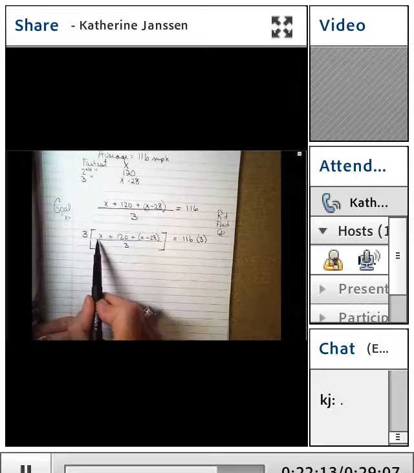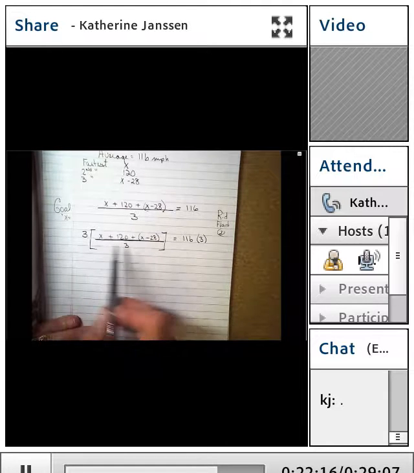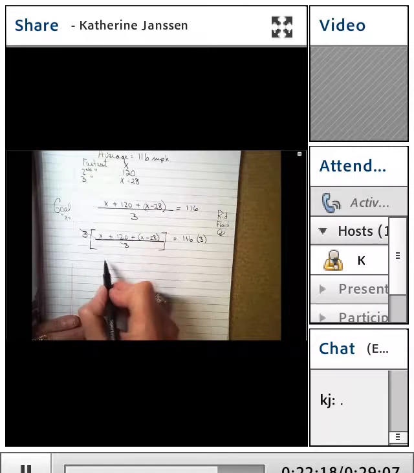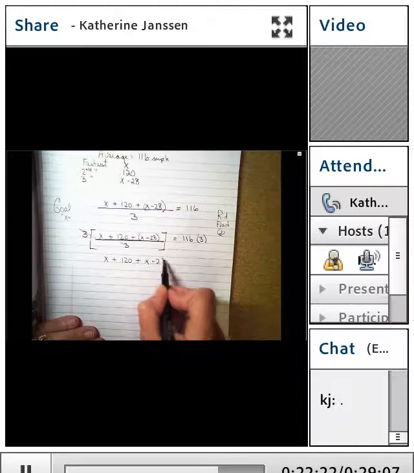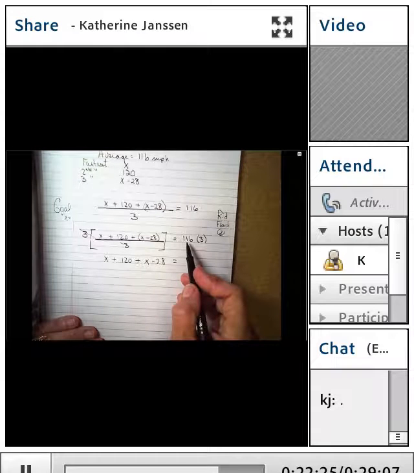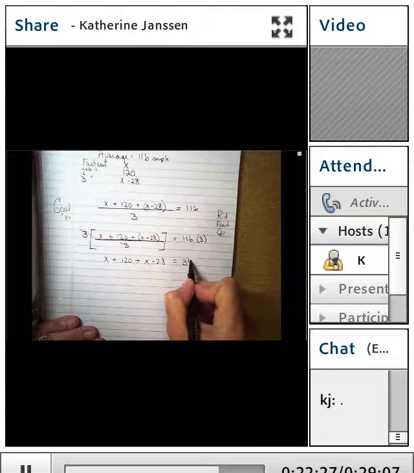Now, this is all divided by 3, so 3 goes into 3 once, leaving x plus 120 plus x minus 28 equals 3 times 116, which is 348.